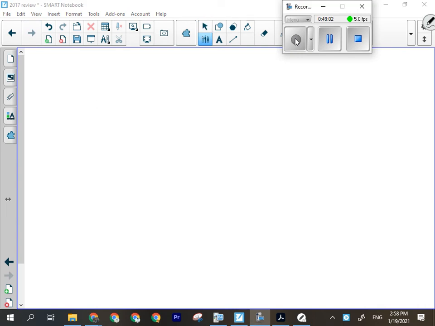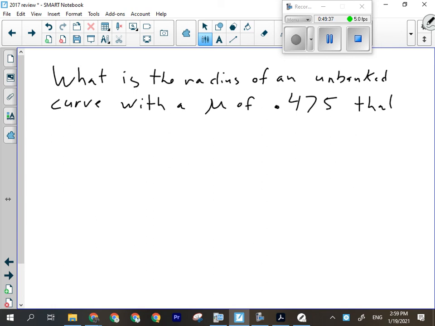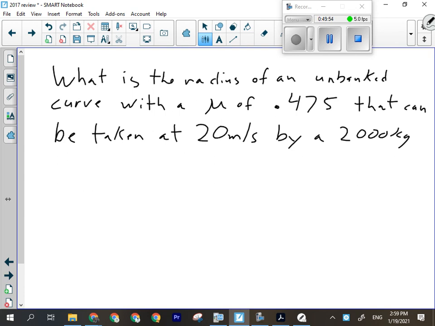All right, so for an unbanked curve, looking for the radius of an unbanked curve with a coefficient of friction of 0.475 that can be taken at 20 meters per second by a 2,000 kilogram car.